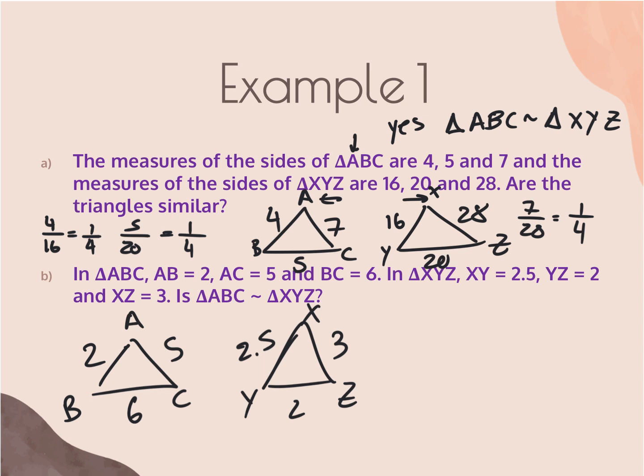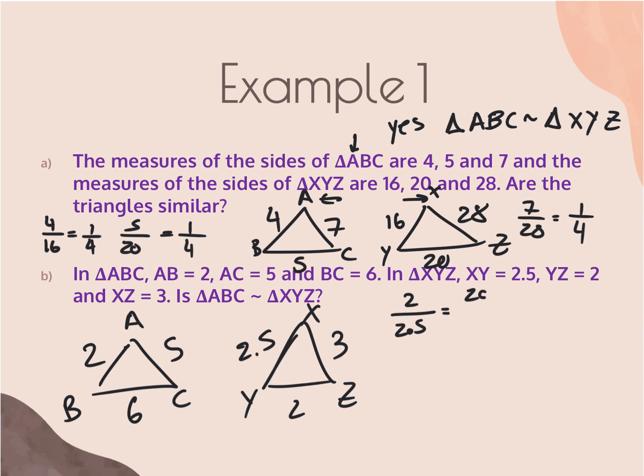Since I drew it the same way, in the same order, I'm able to say that the left side corresponds with the left side, the base with the base, and the right side with the right side. So I'm going to do 2 and 2.5. To get rid of the 0.5, I'm going to multiply the top and the bottom by 10.